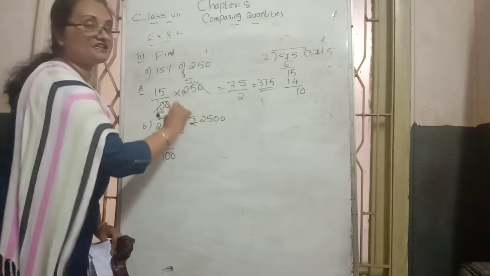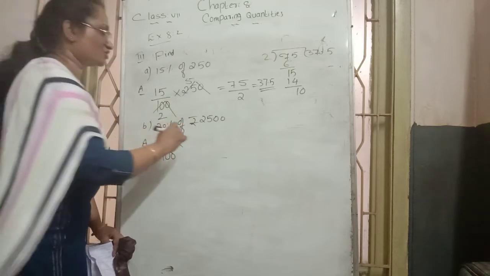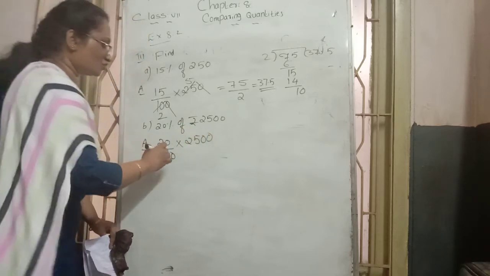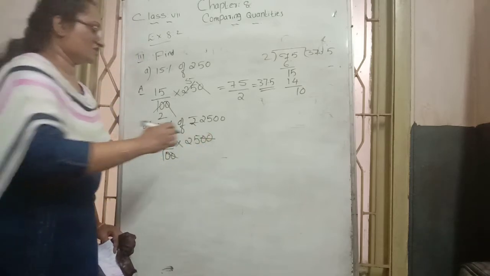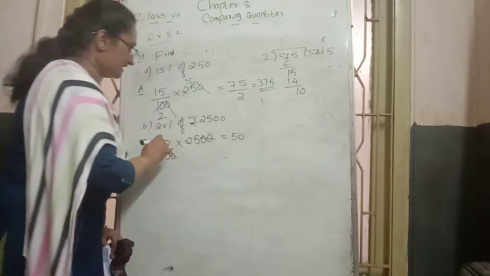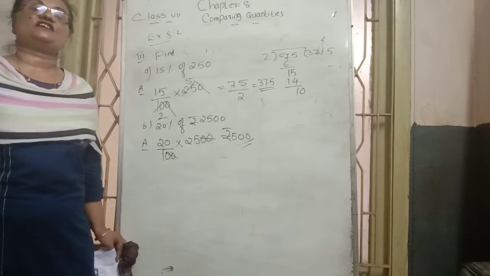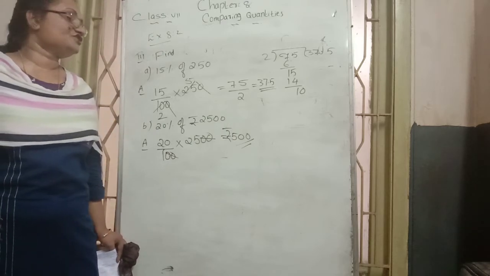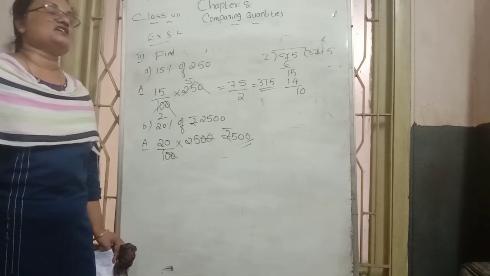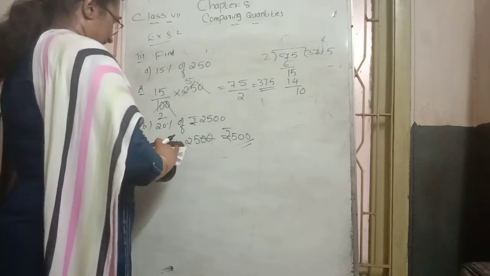Of represents multiplication in mathematics, into 2,500 rupees. 2 zeros are there, we cancel that. Then 25 into 2 becomes 50. Then one more zero is there. So 500 rupees represents the 20% of the 2500 rupees. I hope you can understand this.